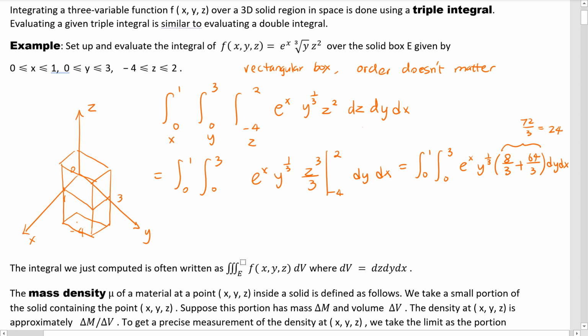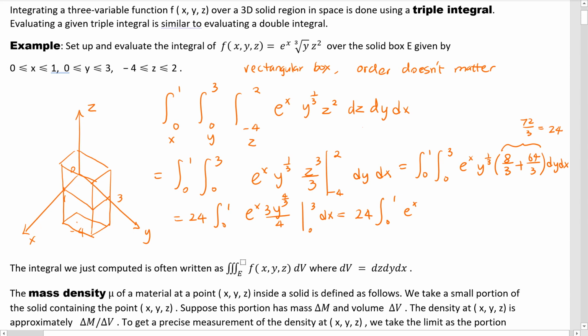Okay, so we can pull out the 24, and then we can integrate y. So e to the x stays there, y to the 4 over 3 over 4 over 3, evaluate from 0 to 3 dx. And then let's see, we plug in 3 first.